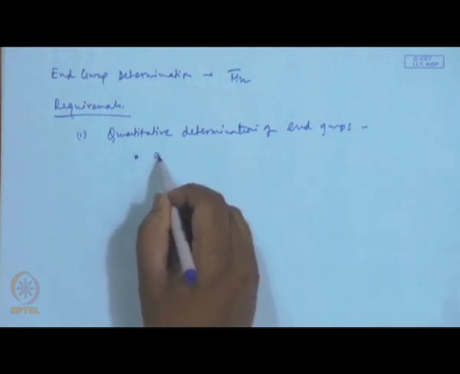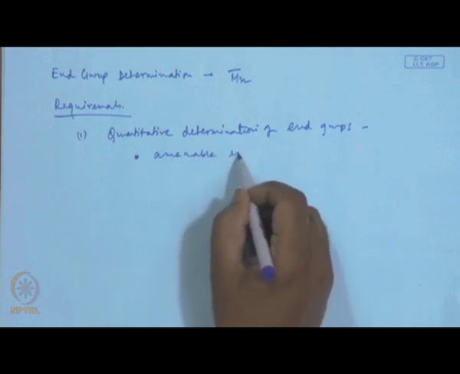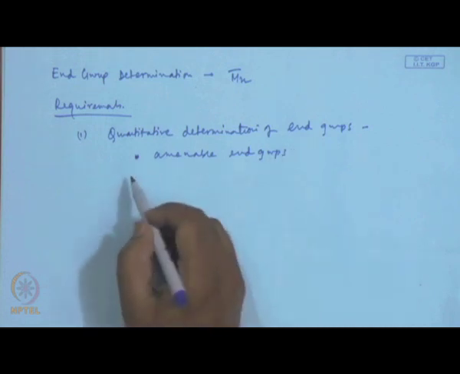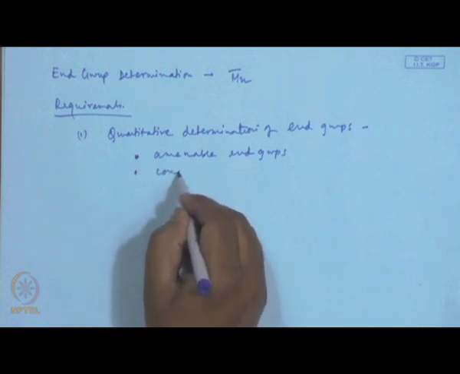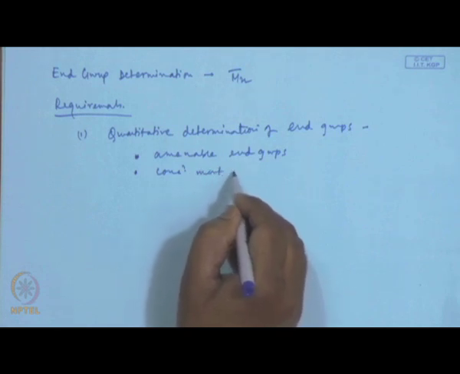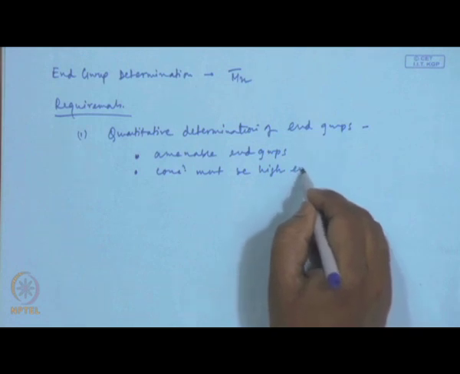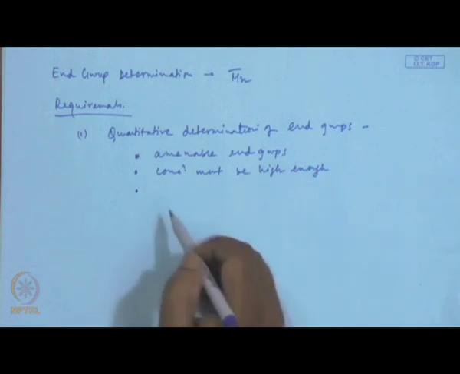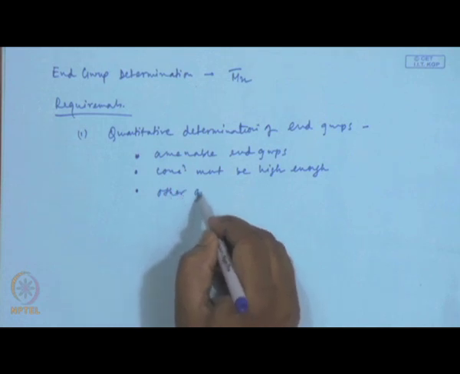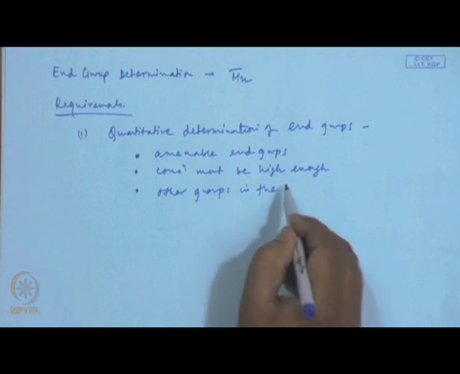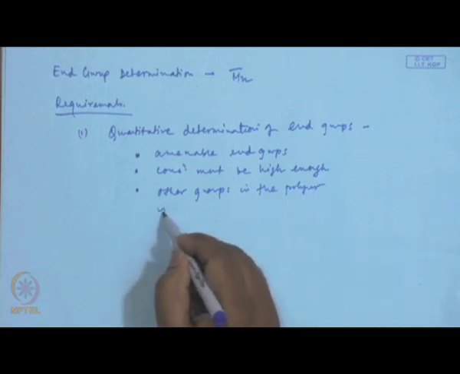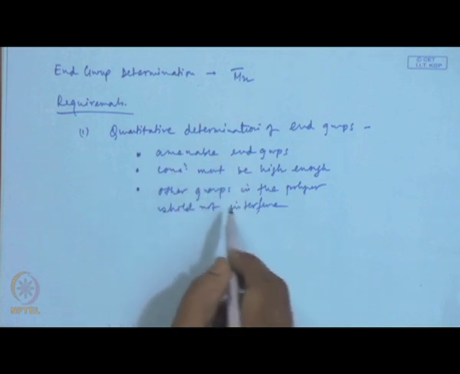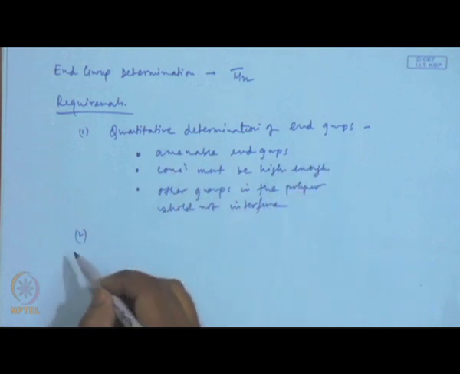So, polymers must have amenable end groups, which can be analyzed by say titrimetry or spectrophotometrically, and the concentration must be high enough so that we can determine the concentration of end groups accurately or quantitatively, and the other groups present in the polymer should not interfere in the determination of the end groups of our interest.